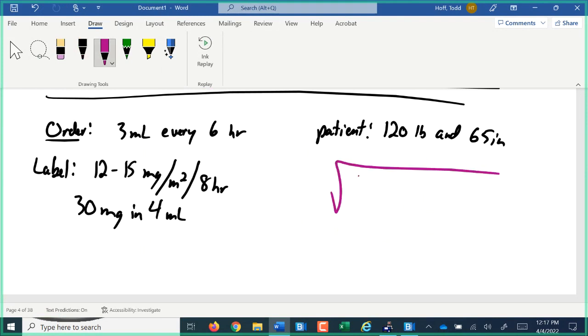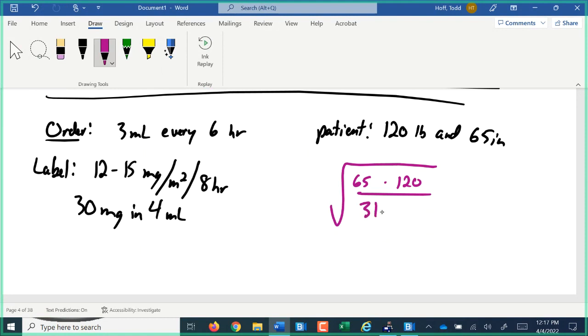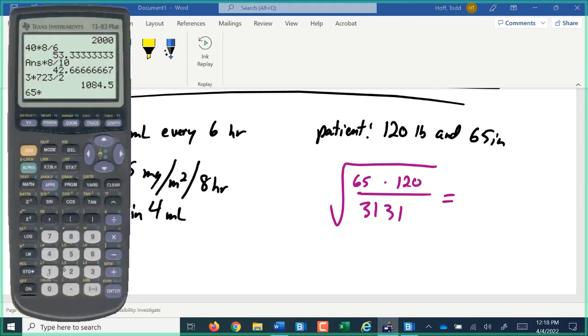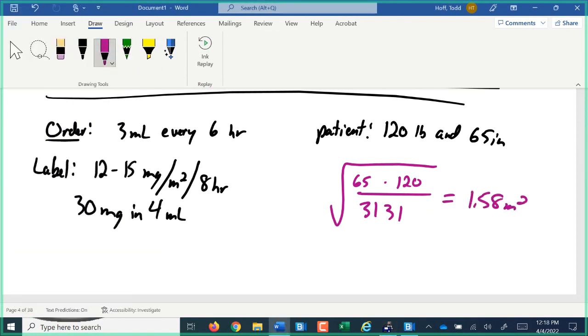So first we're going to do the body surface area, height times weight, over, since that is pounds and inches, it will once again be over 3,131. Calculate that out: 5 times 120 divided by 31. I'm not going to square root yet. 1.58 meters squared. That's where we start our calculation.